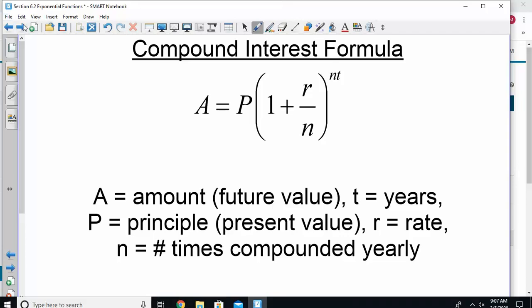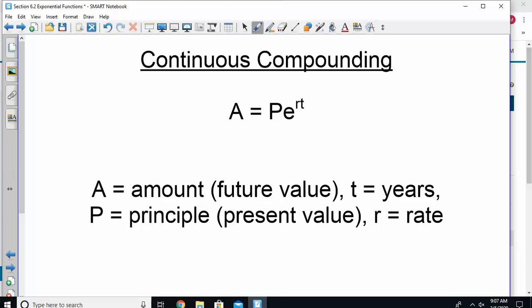The second type is continuous compounding. So we talked about compounding annually, semi-annually, quarterly, monthly, daily. I could do it every hour or every minute or every second, and that's leading into this idea of continuous compounding. That formula is A equals P e to the rt.